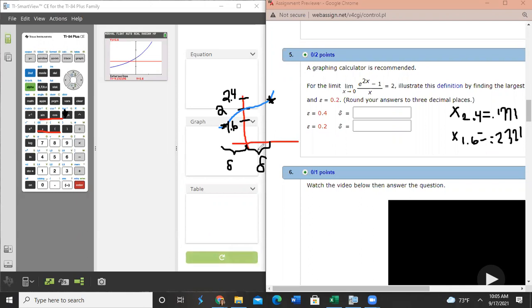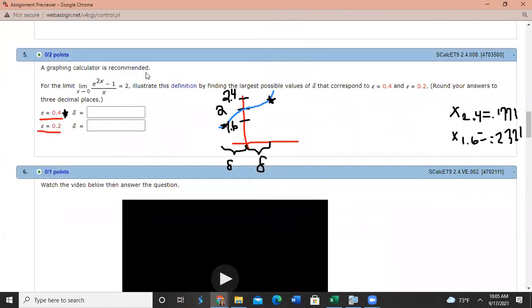Okay, so from here, what we need to do is figure out the deltas. So we know, hopefully, kind of information about the different deltas, what they mean.